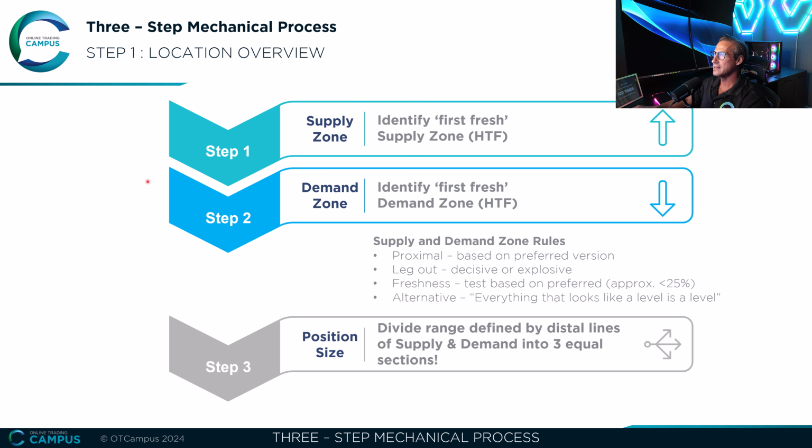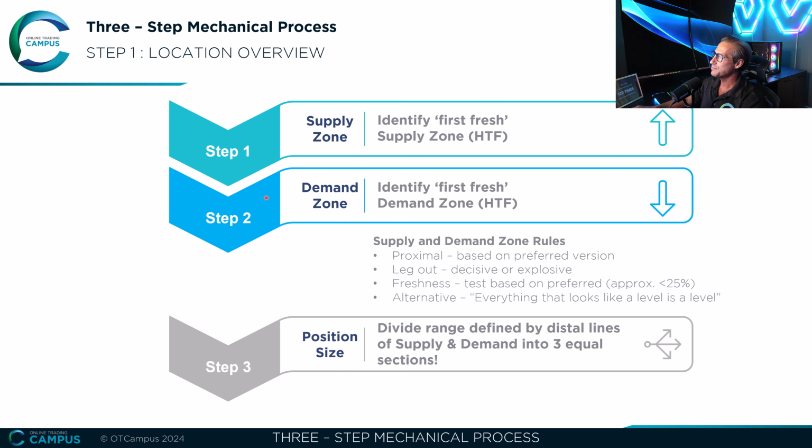Now, let's go into step 1, location, and give you an overview. So step 1 of identify location is basically first you identify the first fresh supply zone. Now you see already a new terminology here, fresh. What does freshness mean? I'll cover that in a second, and for that I'll go into the slides.